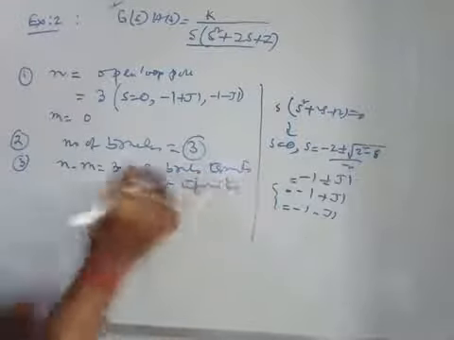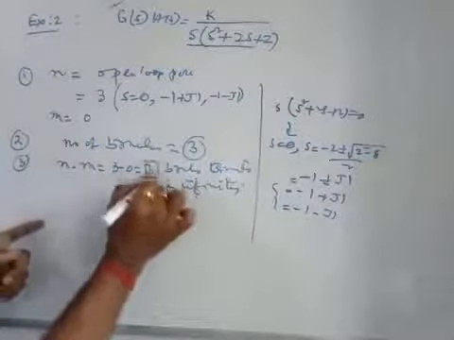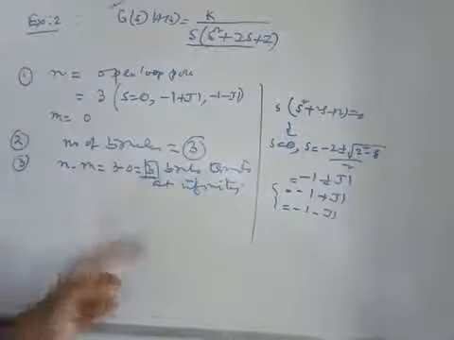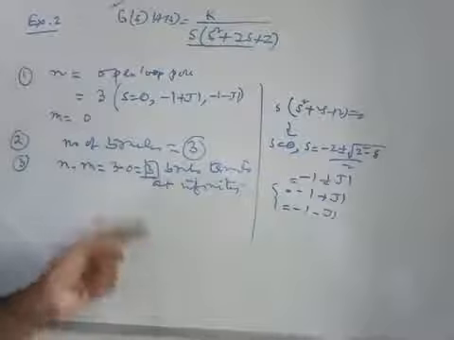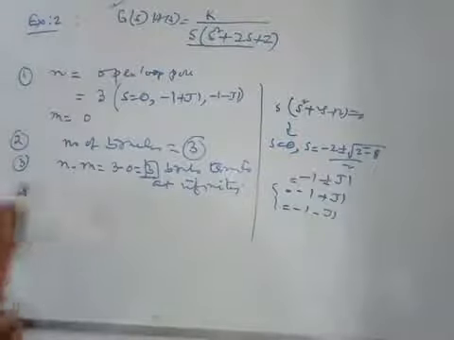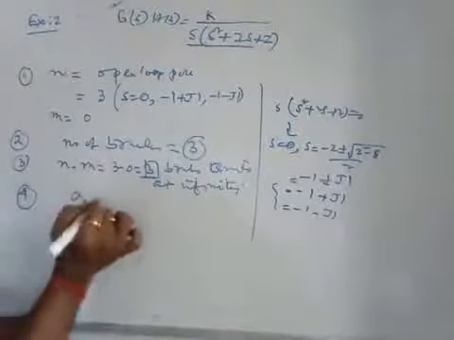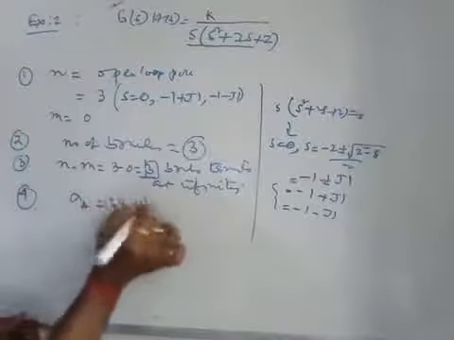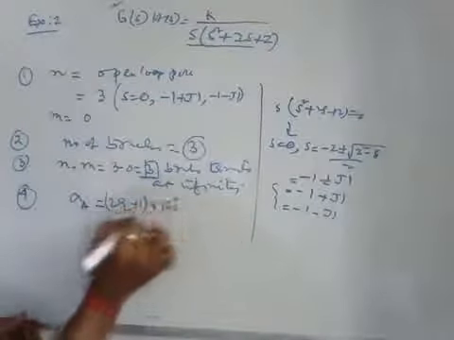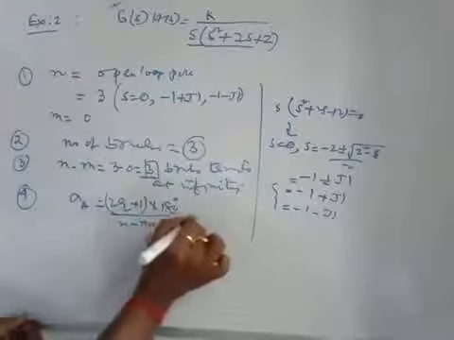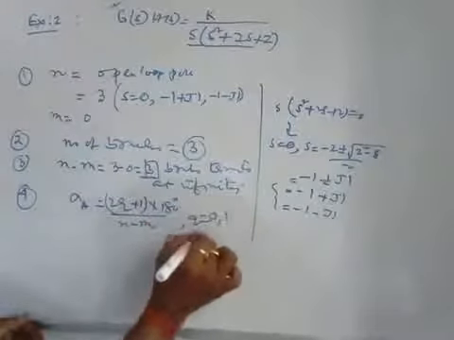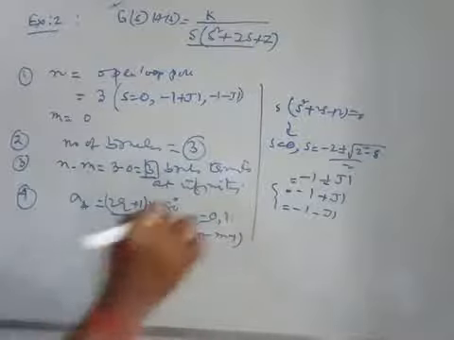These 3 branches go differently along the asymptotic path. So next, we have to find the asymptotic angle: phi is equal to (2q plus 1) into 180 degrees by n minus m, where q varies from 0, 1 up to n minus m minus 1.